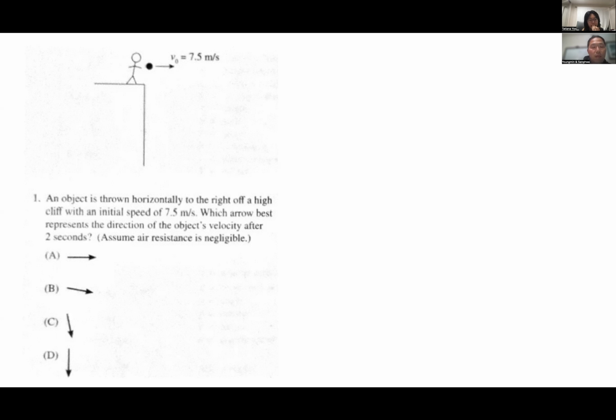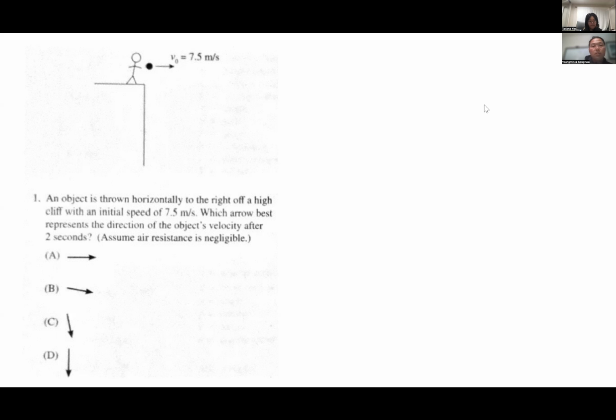Can you maybe guess which arrow best indicates the direction of the object's motion? A? After 2 seconds, not right after throwing the object. C. Yeah. Okay.